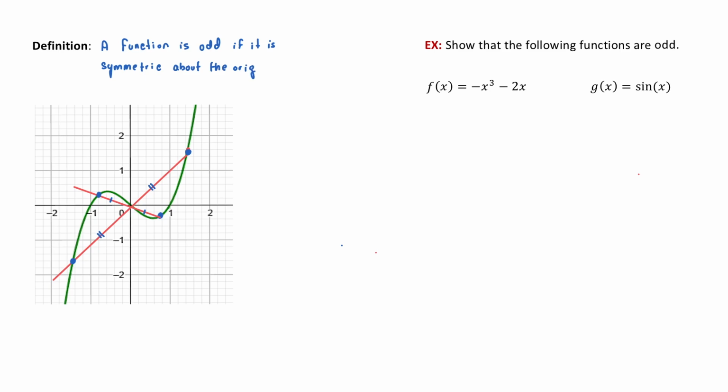This is the more descriptive definition. Now you can also think about it, as I said earlier, that an odd function is symmetric by performing a double reflection: one reflection about one axis and then a reflection about the other axis. That's okay too. Now analytically, how do we show that a function is odd?